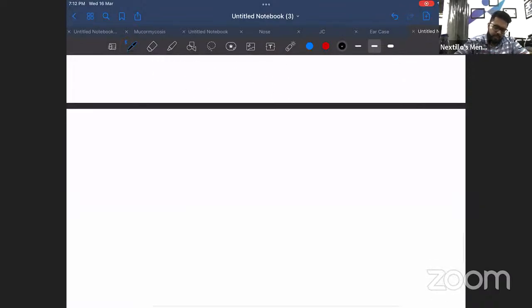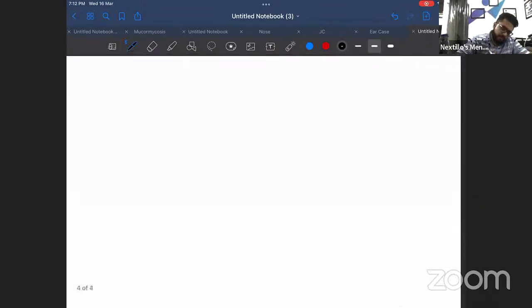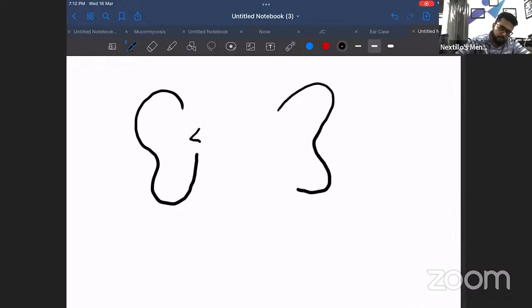Coming to the external ear, the external ear has two surfaces. Now, just look here. If you are considering this to be the ear, this is the opening of the external auditory canal.